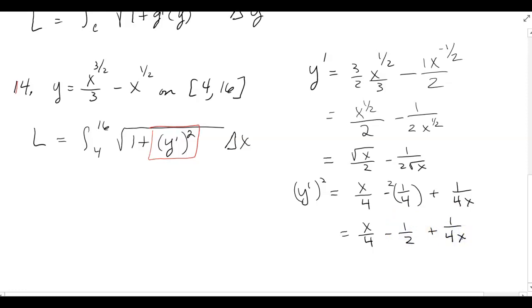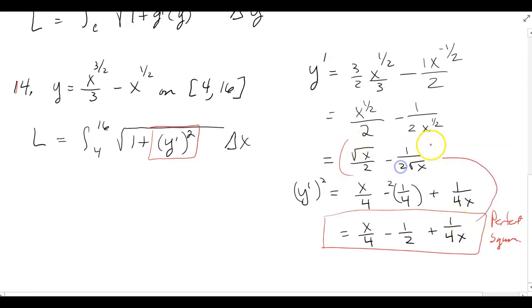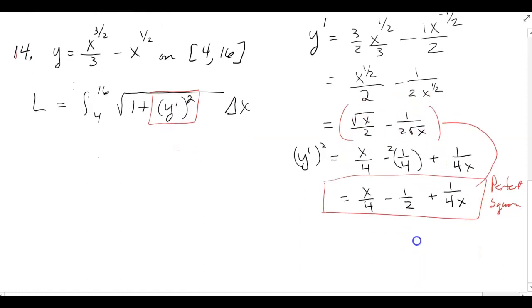So let's talk about this for a second. That means this is what we call a perfect square binomial, meaning if you take the square root of it, you get back to that. But don't I have to add 1?